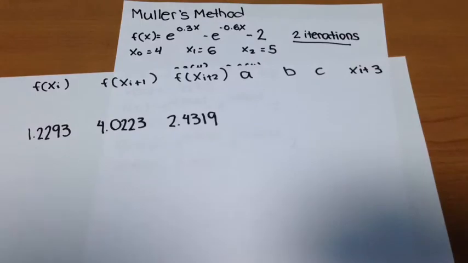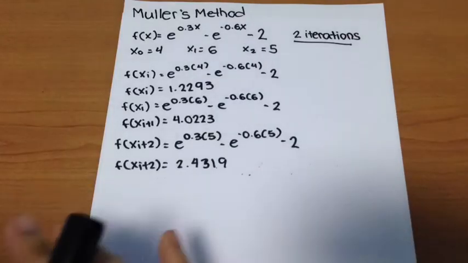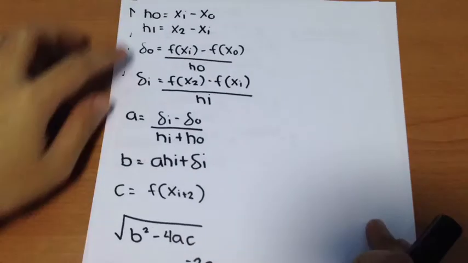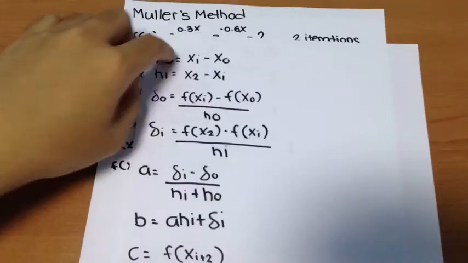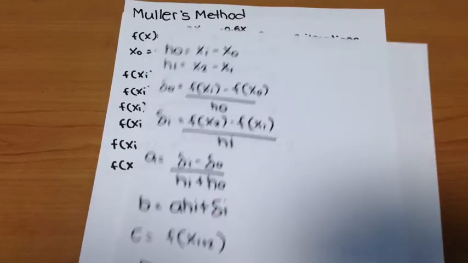To do so, we have to first find the values of h0, h1, delta 0, delta 1 to get our a, b, c, and then we get our x3. So let's get started.